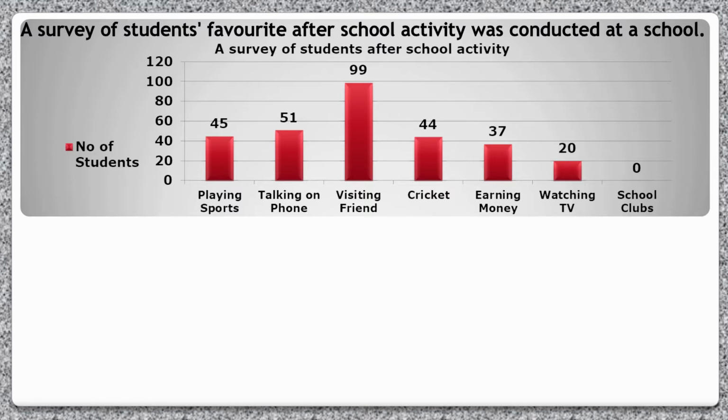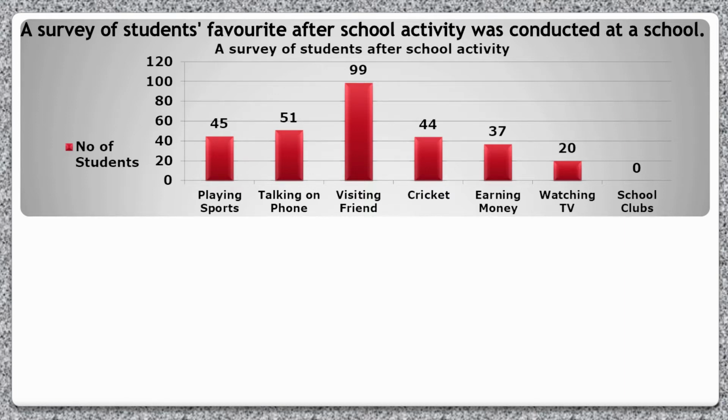And on vertical line, we have number of students. And the scale is 0, 20, 40, 60, 80, 100, and 120.